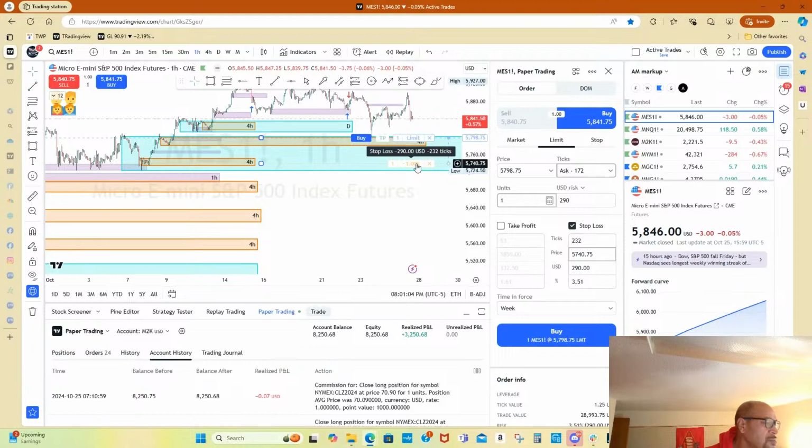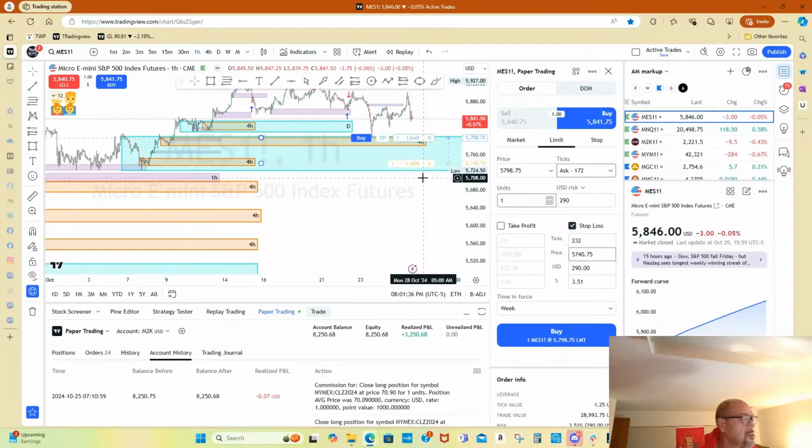So I don't get what that is, because if that's 1%, 290 times 100 doesn't hit any of my balances. I don't know what that is a percent of. Yeah, I'm not sure what that is.